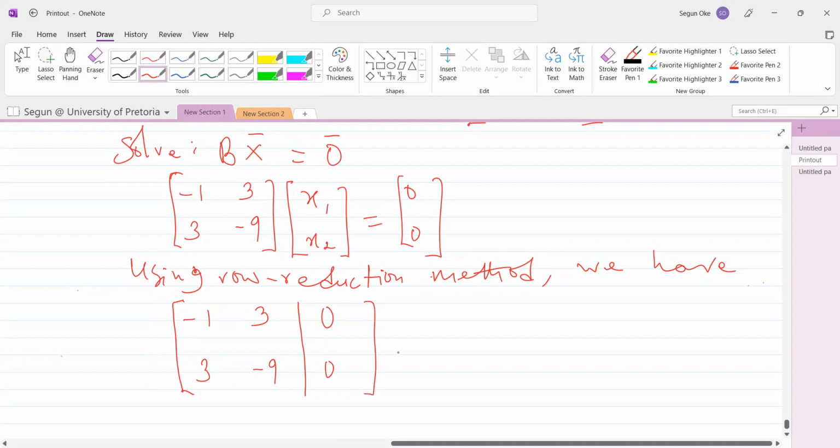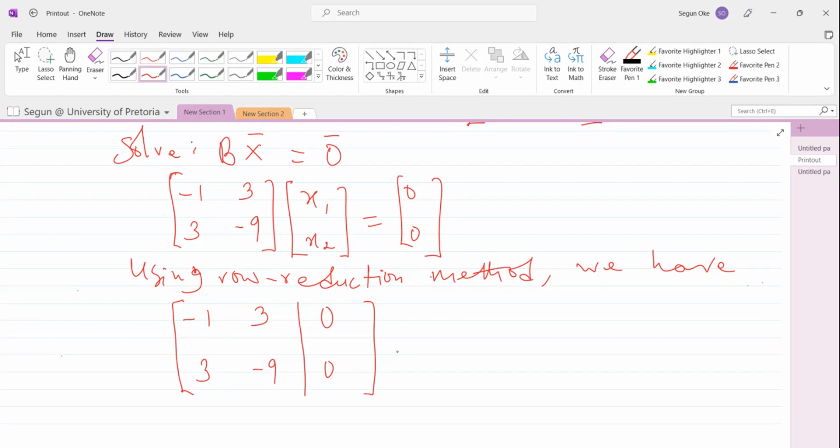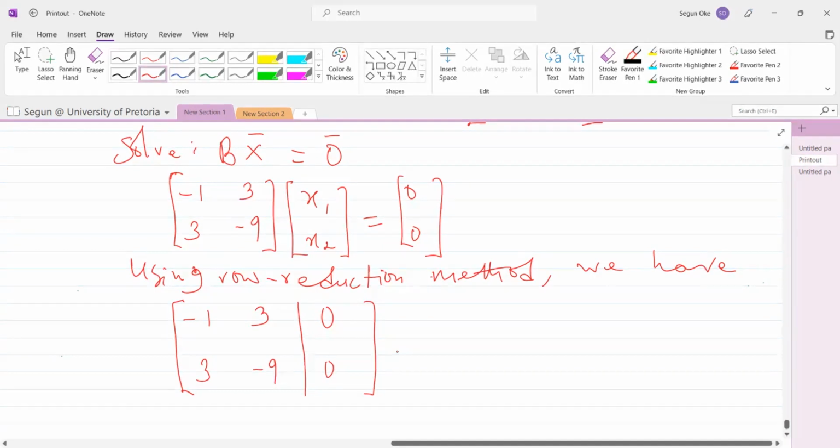Which of the methods normally does that? Gaussian elimination method, sir. Do we all agree? Yes, sir. Row reduction, that's very important for me. Anyway, you have it in your notes or check the video.